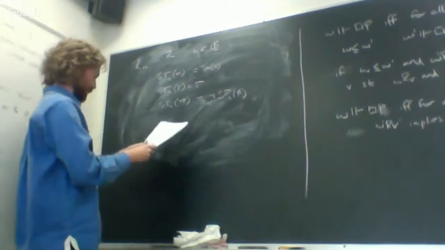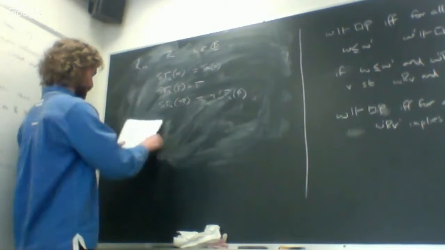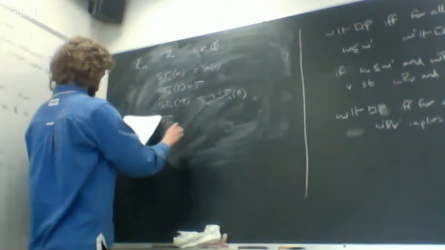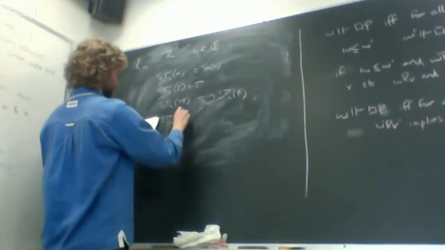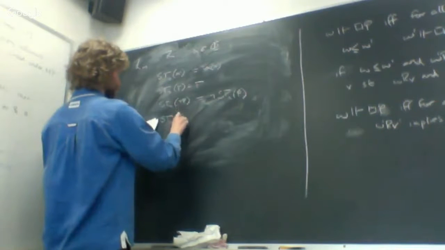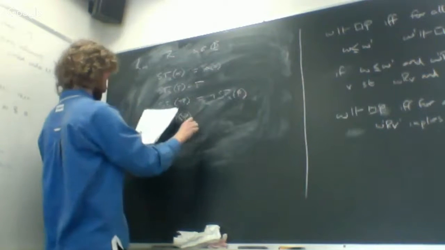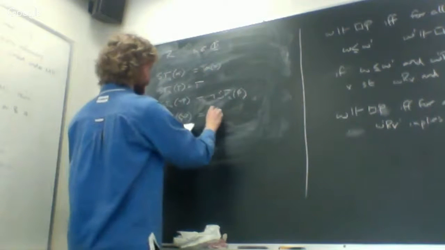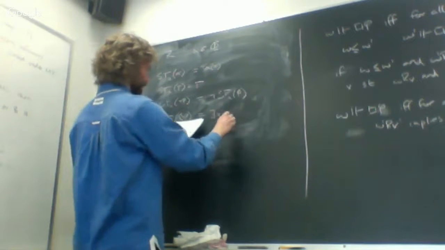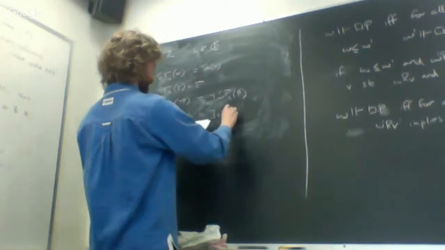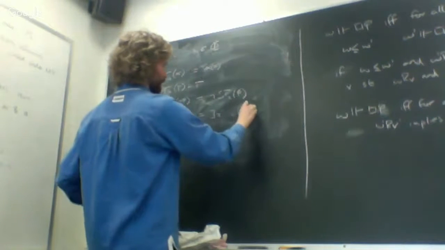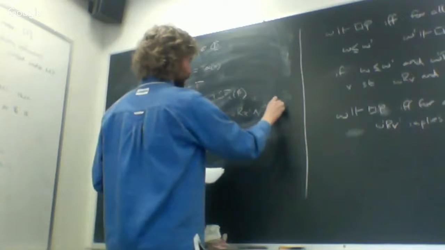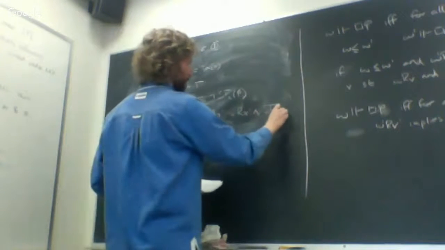So I'll skip to the modal formula. The translation of diamond is that there exists an x prime such that x is related to x prime and x prime satisfies the formula.